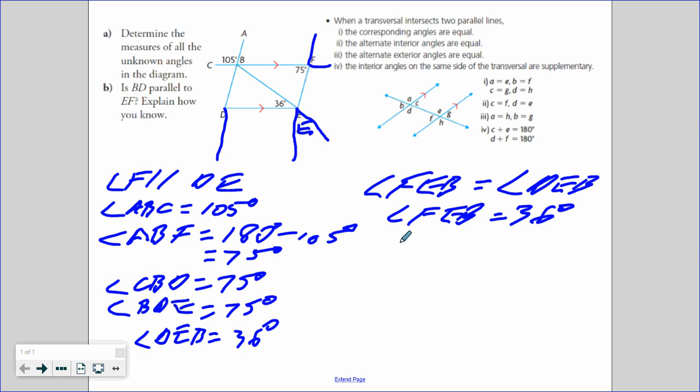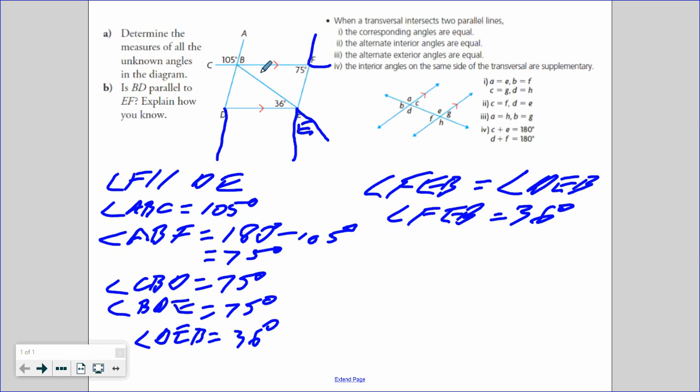Let's move on to, let's do sum of interior angles. Okay, so now we're going to look at a triangle. We've got a couple triangles that we're dealing with in here. We've got this triangle here and this one over here. So let's just start with the angle FEB, so that's this angle right there, plus FBE, so that's this angle right there.